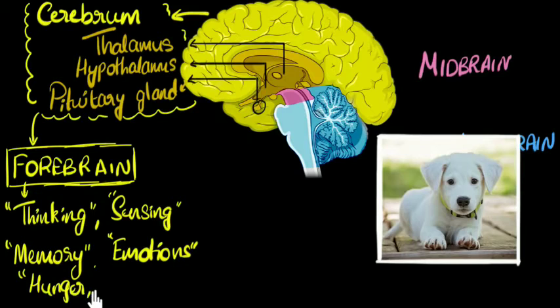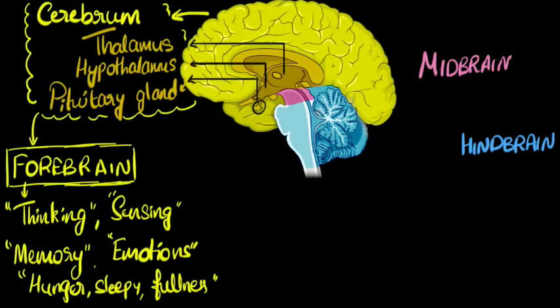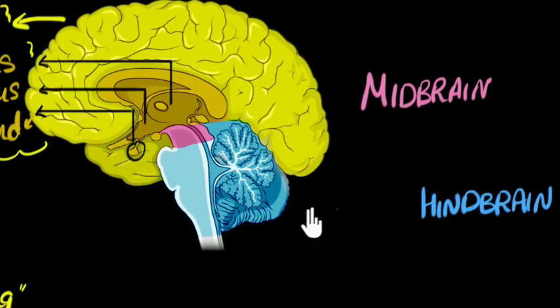And even if you feel sleepy, or thirsty, and once you take food, you feel that it is filled, right? So the fullness, all these come under the functions of the forebrain, that is thinking, sensing, memory, emotions, hunger, sleepiness, and also fullness.